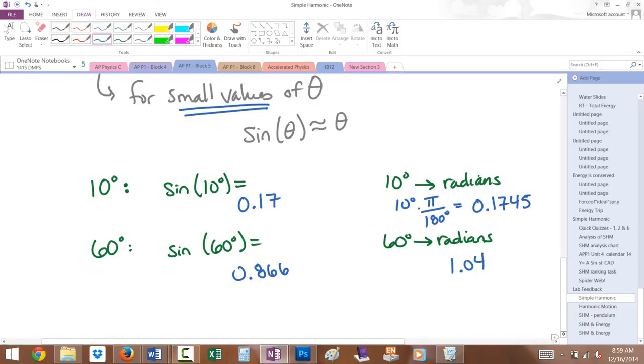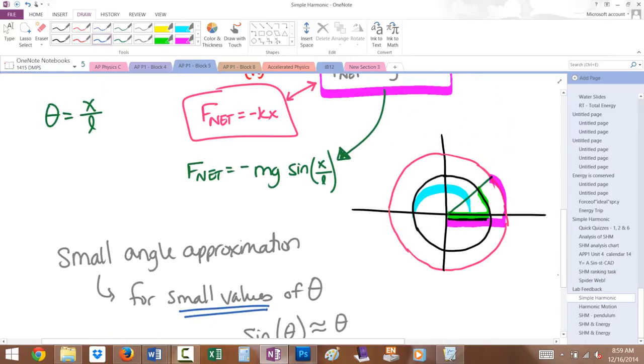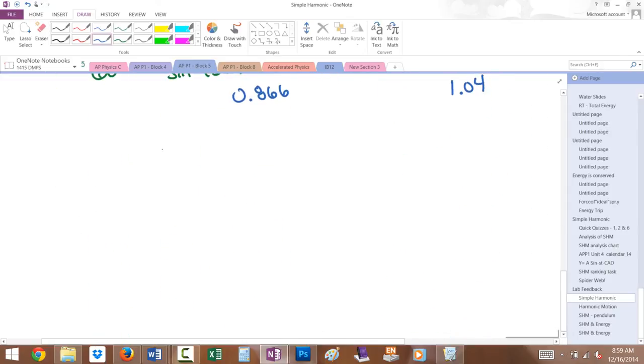But for small values of theta, instead of writing negative mg times the sine of x over L, we can say that F net equals negative mg times x over L. It's approximate, but it's pretty close for our purposes.